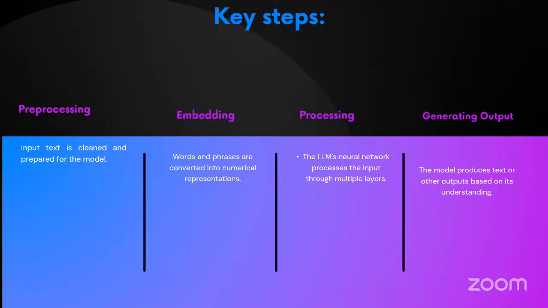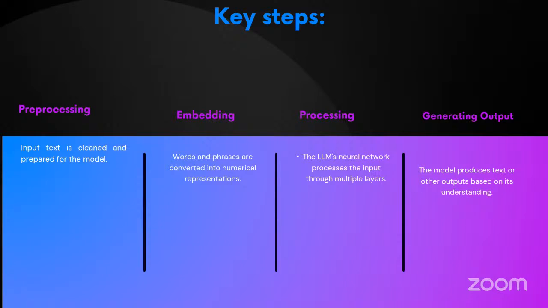After that, it goes to the LLM neural network. In the LLM neural network, whatever the inputs are, it processes them within multiple hidden layers. After that, the output is generated.